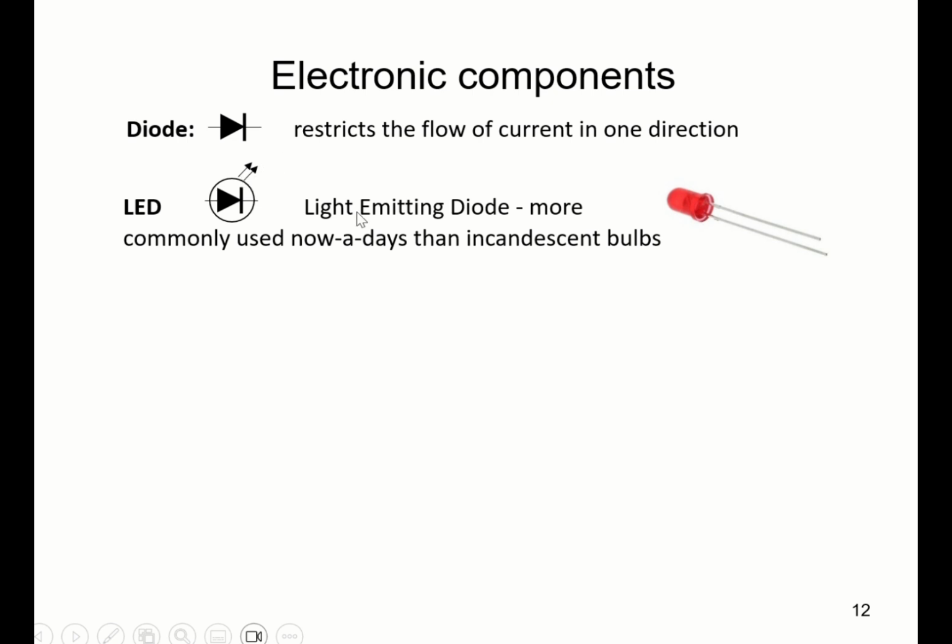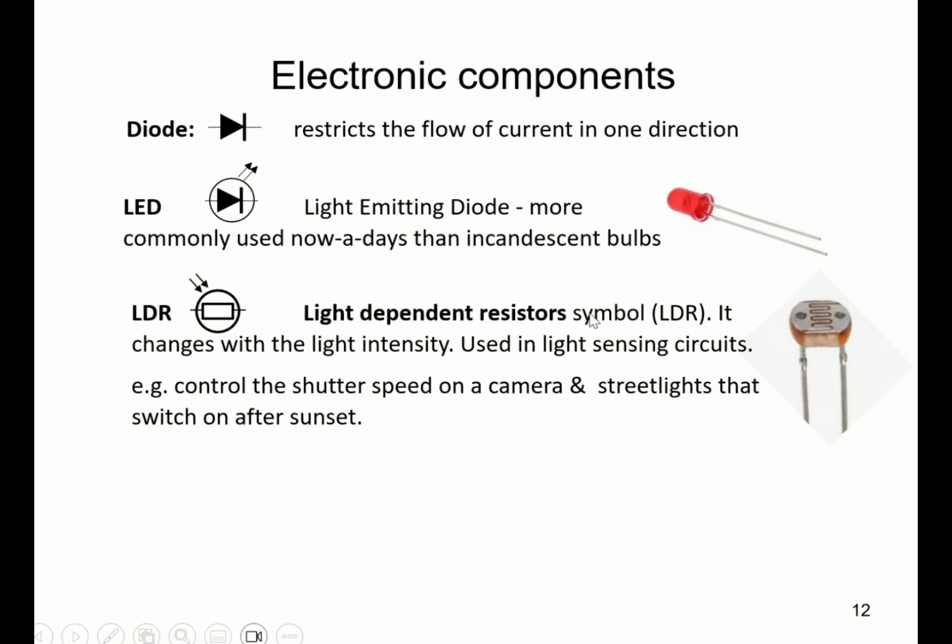It's going out. LED, light-emitting diode. And they're more commonly used nowadays than incandescent bulbs, and there's a little one. LDR, the light's coming in, it's a light-dependent resistance. So the more light comes, the value of the resistance changes.